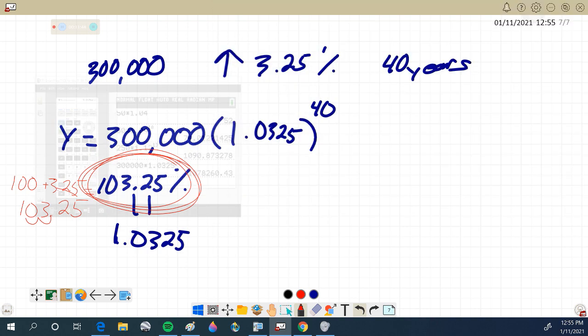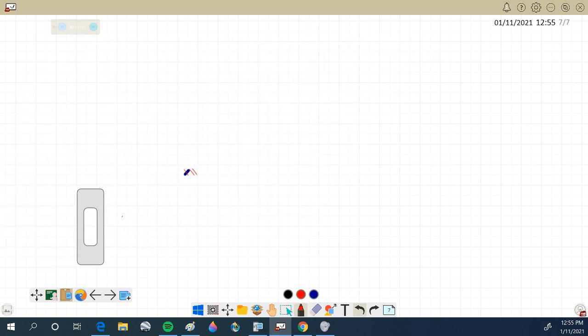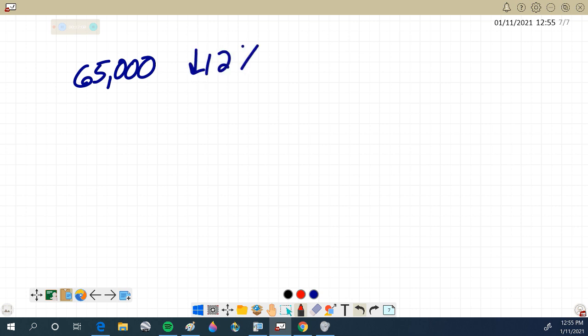Okay, let me throw something else at you that's a little bit different. Let's say you buy a brand new truck for $65,000. Okay, the value of the truck drops 12% each year. How much will the truck be worth in 5 years? How would you drop 12%? Well, how would you add 12%?